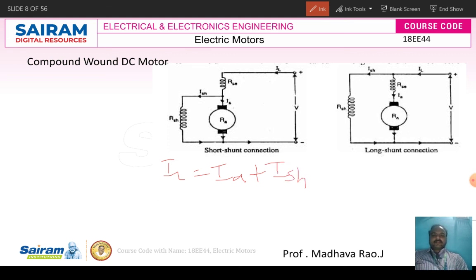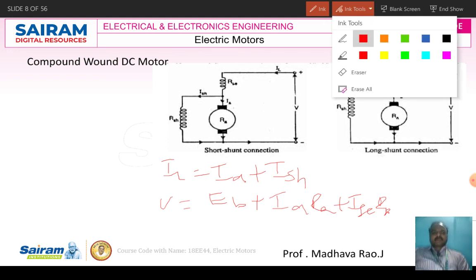Then V is equal to EB plus IA RA plus ISC into RSC. So like this we have important relations.